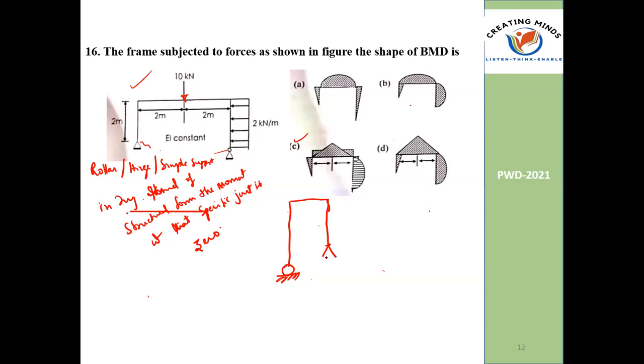If I give two rollers or one hinge, here both the supports are 0. This is the BMD. If I give here UDL, then you are adding a parabola. If I am giving a point load, you are adding a triangle. If I am giving one more UDL, then you are adding one more parabola. That's all. Clear? Any doubts?